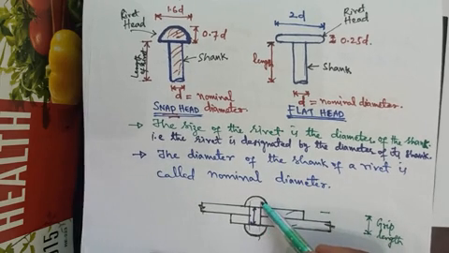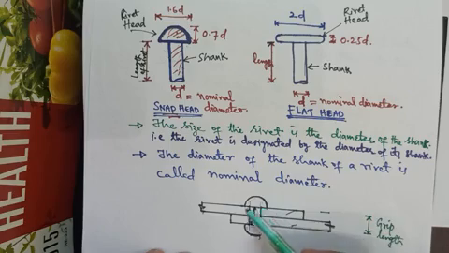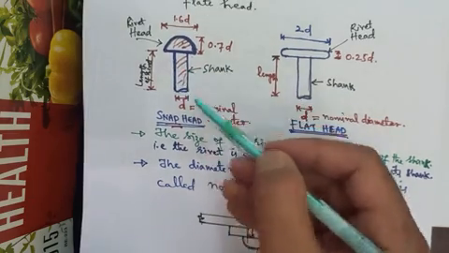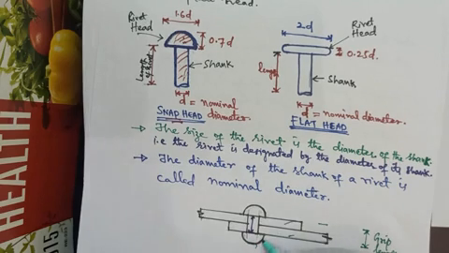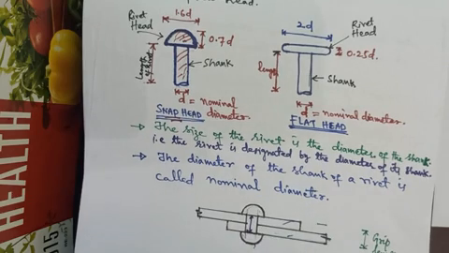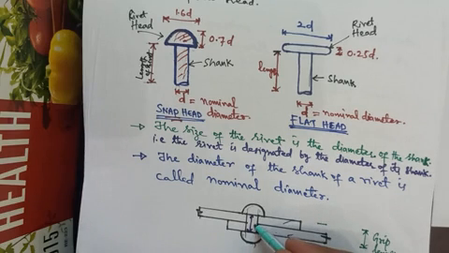The head of the rivet is kept pressed on the plate, and the other side, that is the shank, is hammered to form another head on the other side of the plate. So on cooling, the rivet contracts and grips the plates together tightly.